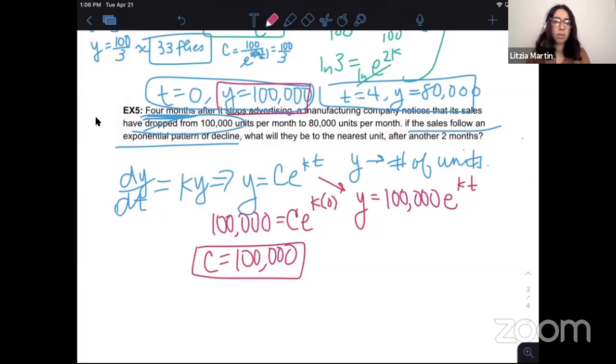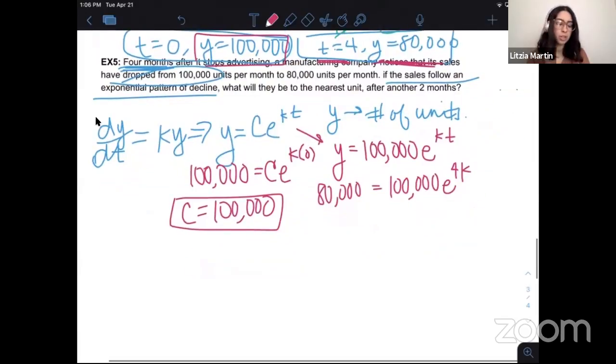So next point, y is 80,000. We've got 100,000 e to the 4k, since we're plugging in the 4 and the 80,000. So we'll divide by 100,000.